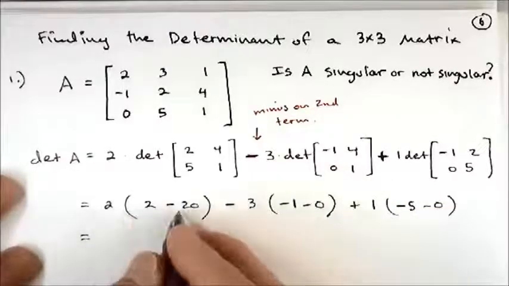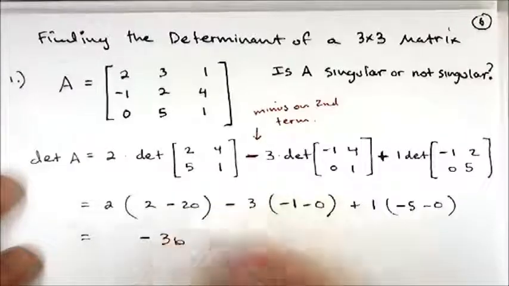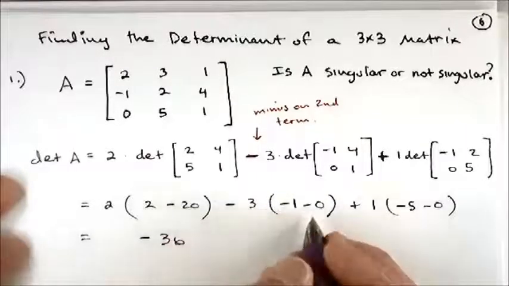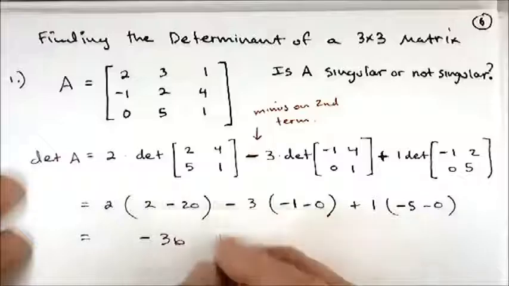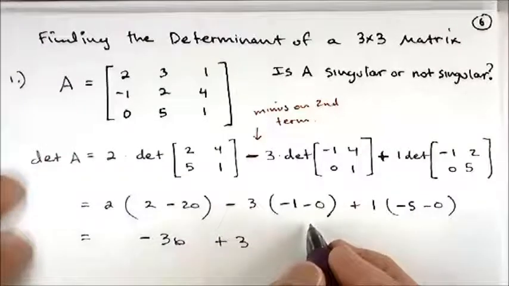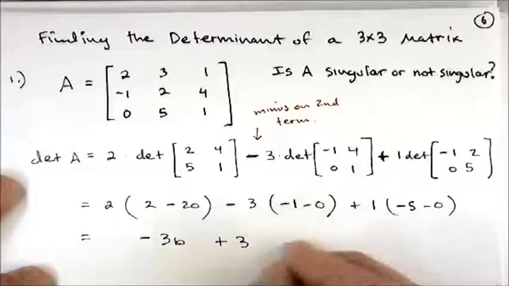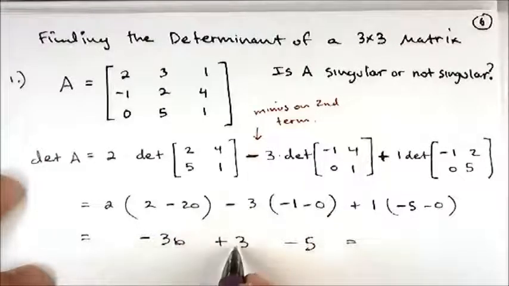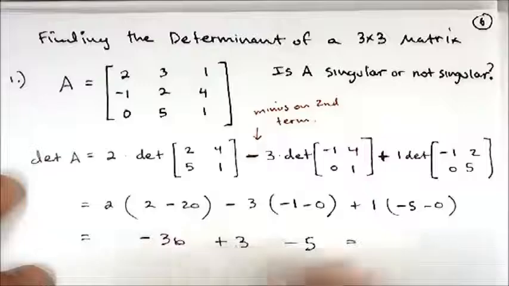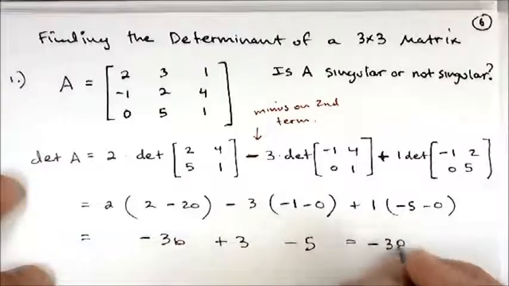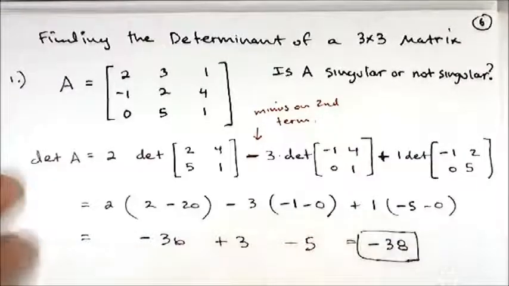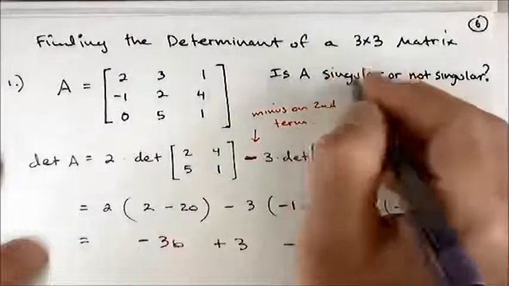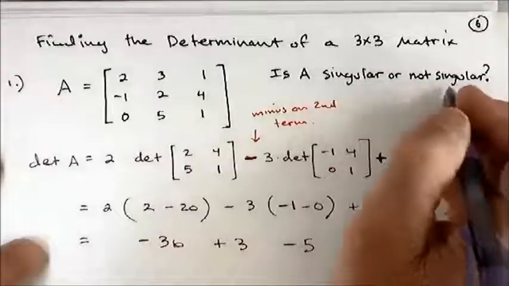So this is 2 times -18, so -36, plus 3, and then -5. So I end up with a determinant of -38. And then they ask this question too: is A singular or not singular?